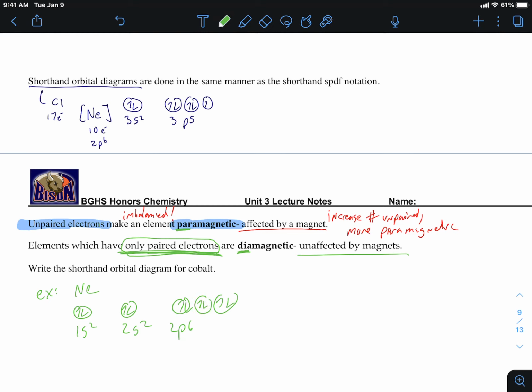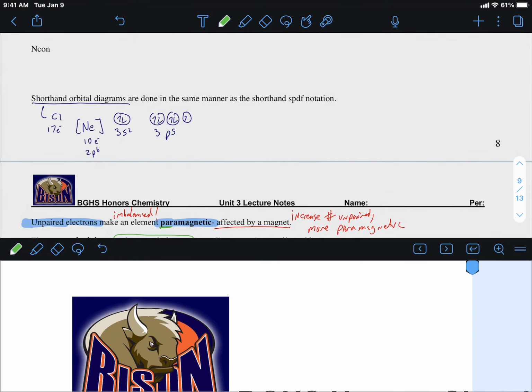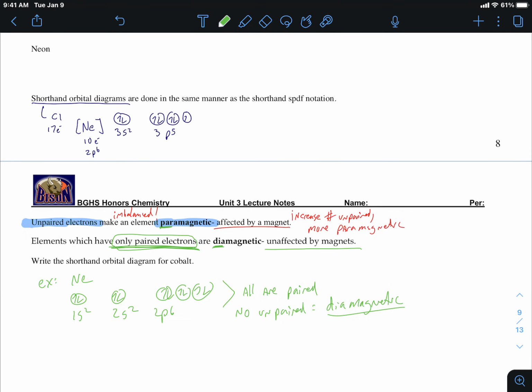So everything here is paired. All are paired. No unpaired equals diamagnetic, and it's not affected by a magnet. It has no magnetic field.